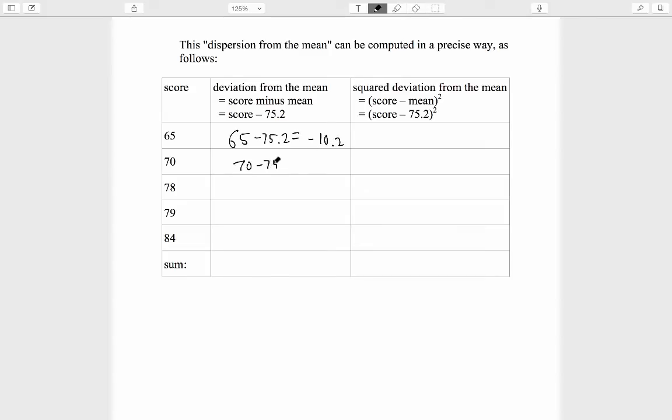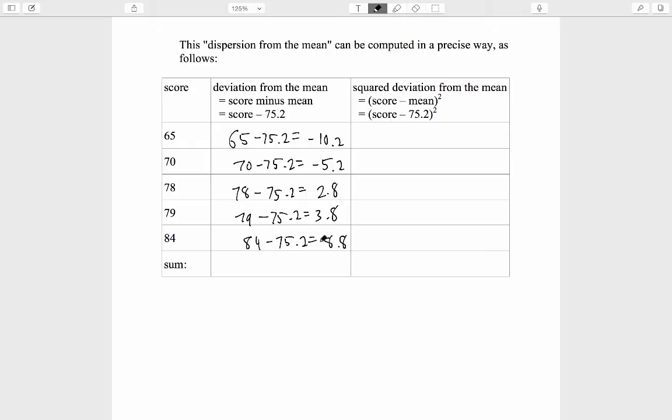Similarly, a score of 70 is negative 5.2 points away from the mean. That is to say, 5.2 points below the mean. Then a score of 78 is 2.8 points above the mean. 79 is 3.8 points above the mean. And finally, 84 minus 75.2, that is 8.8 points above the mean.